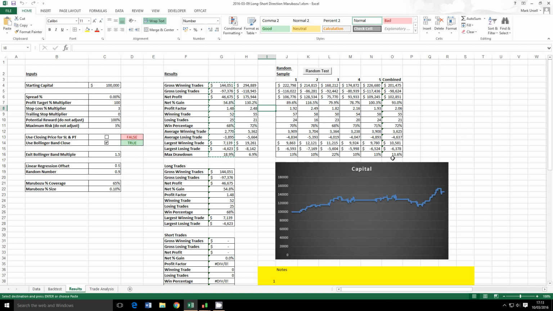Finally, our max drawdown, although still higher than our original, is within an acceptable level. So there we have it. We have a nice simple trading strategy, a way to trade using historical data, the S&P 500.